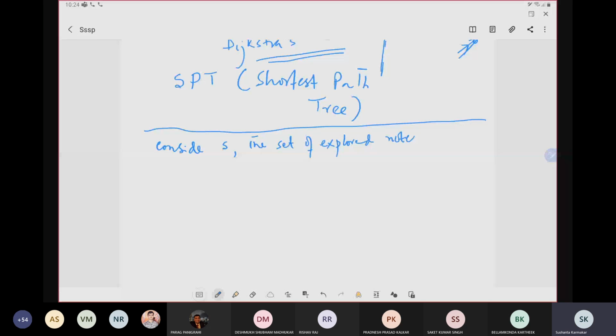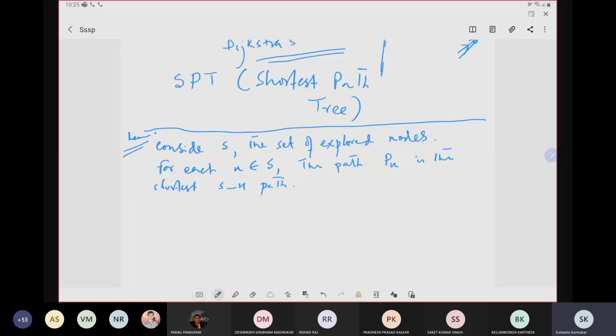Okay, so this is the lemma that is crucial for our understanding. What is the lemma? It says that consider S, capital S, the set of explored nodes at any instant of time during the execution of the algorithm, at any instant.